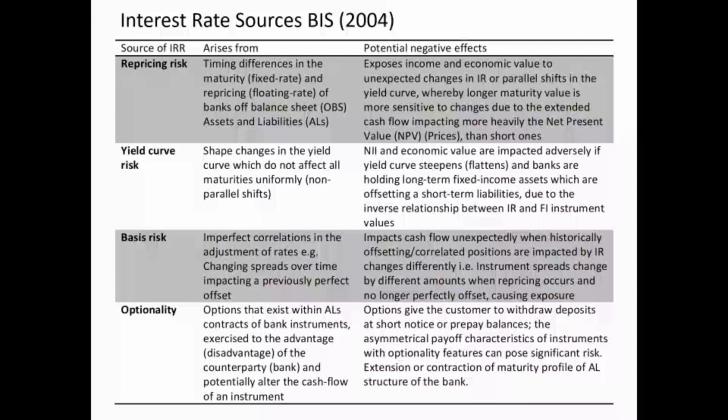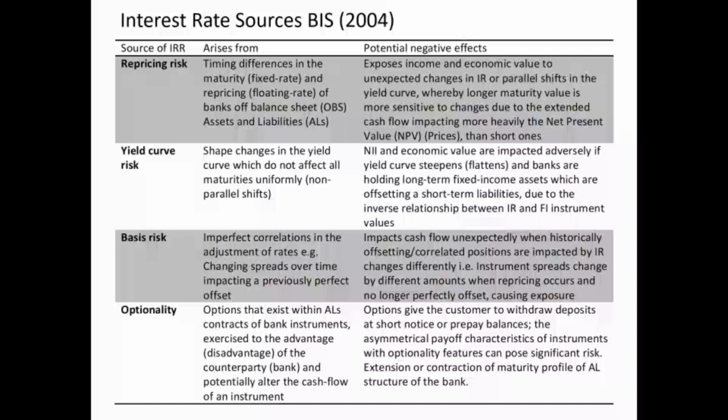If interest rates change, there might be a small discrepancy in the changes in basis points of each of the products. So it's all about where two products have very similar characteristics, but there might be imperfect adjustments to the basis rate charged on them.